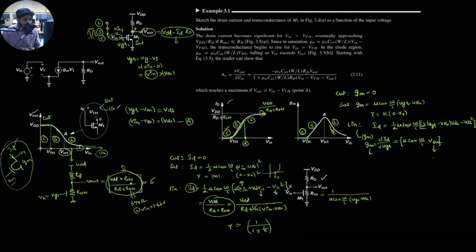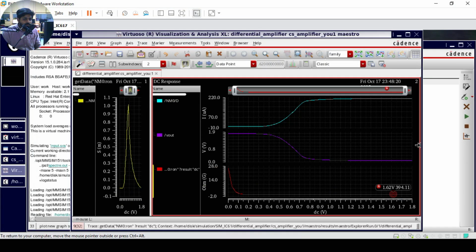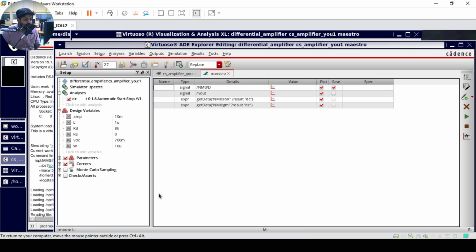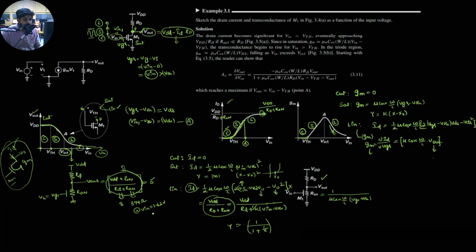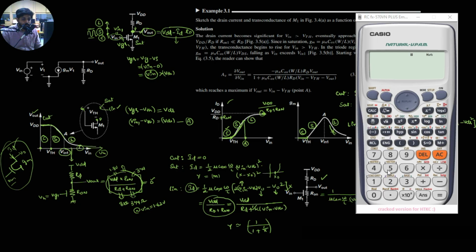1.62 volts. As we know, RD we are keeping as 8 kilo ohms. So RD is 8 kilo ohms, and this is 394 ohms. VDD value is 1.8 volts.